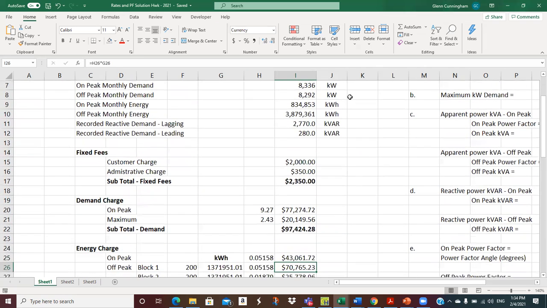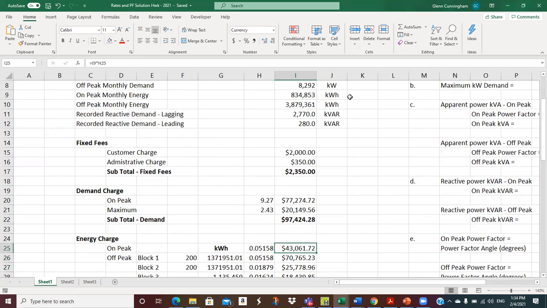Okay. Then the energy charge for the on-peak, that's this number right here, the 834,000 times the on-peak rate, 5.158 cents, $43,061.62, something like that.